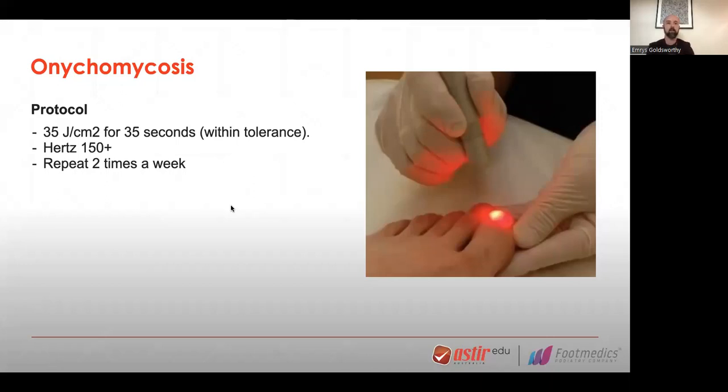Most lasers allow you to see the joules per centimeter squared, and it shouldn't be a problem finding it. I've got an older laser that Asta used to sell, and that one also allows for that as well. So I can use a low-level laser as well. If you prefer, you can use that as long as you get the 35 joules per centimeter squared. It'll probably take a bit longer than 35 seconds. The high-powered laser is much, much faster.